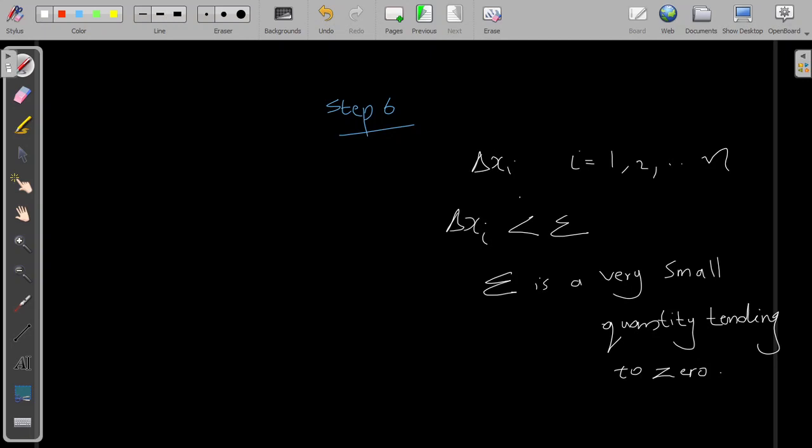So the convergence of this Hook-Jeeves method is ensured by the condition delta xi less than epsilon. You can stop when delta xi is less than epsilon, and epsilon will be given by your examiner in the problem. So that's all about the Hook-Jeeves method.